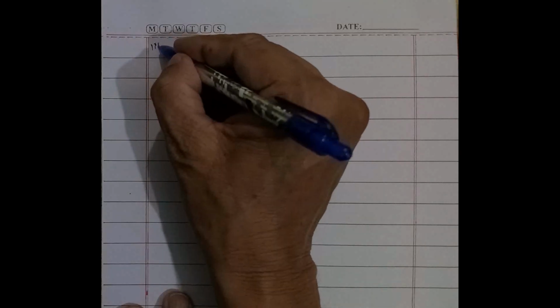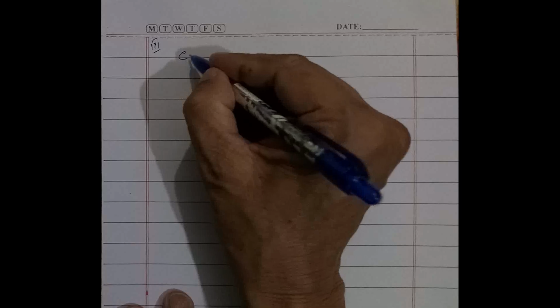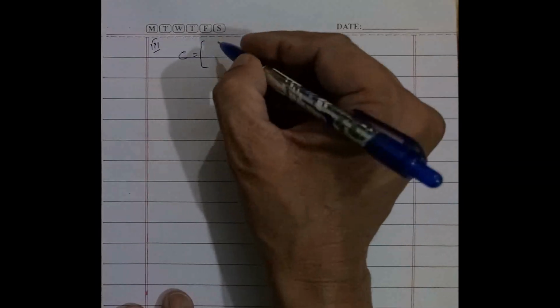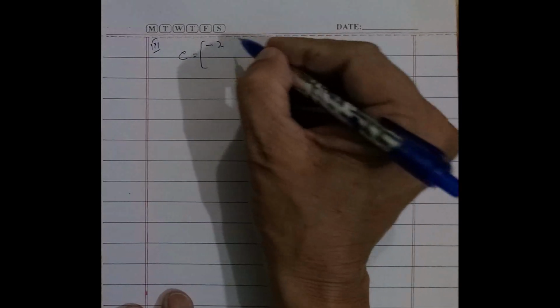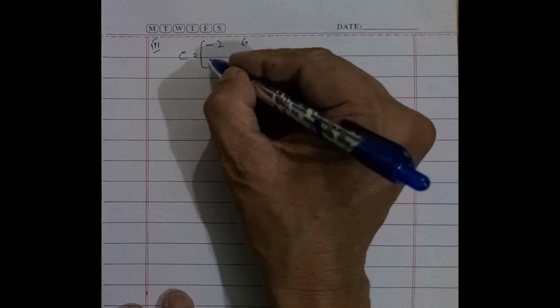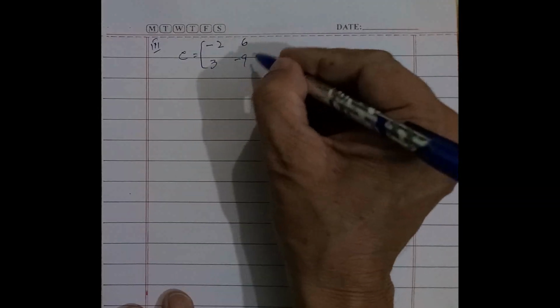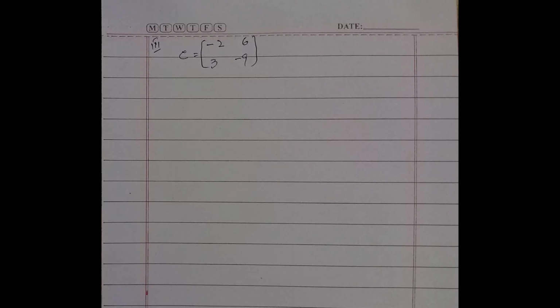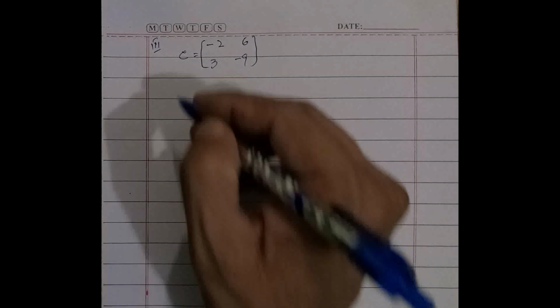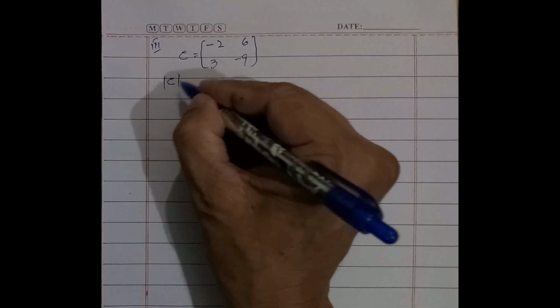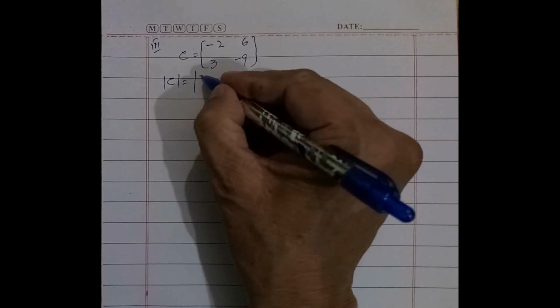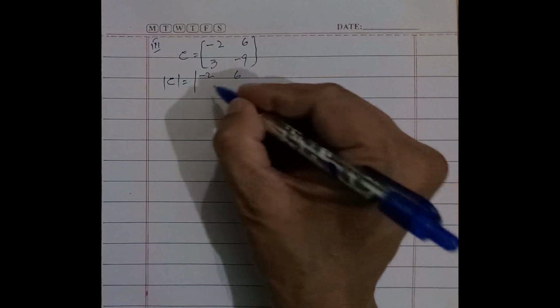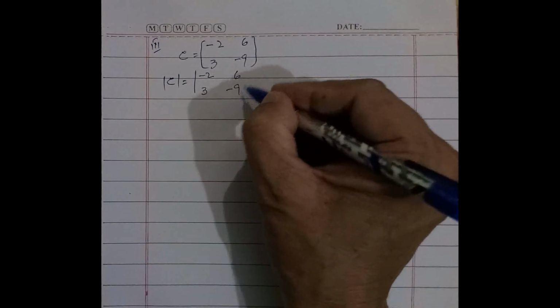Sorry, the third part of question 3, which is the C matrix. C matrix is equal to minus 2, 6, 3, minus 9. Before finding the multiplicative inverse, we find the determinant of C. Now we solve it. Determinant of C is equal to the determinant of minus 2, 6, 3, minus 9.